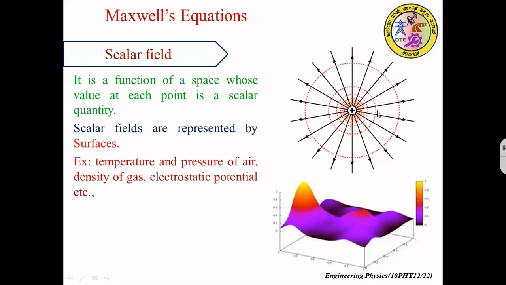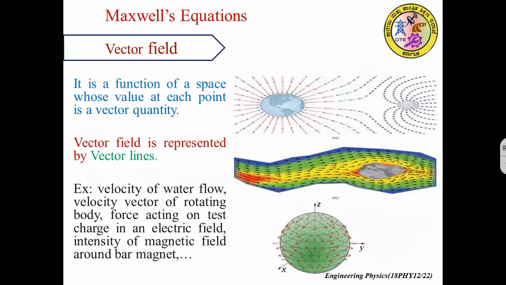Similarly, the variation of pressure or the variation in density can also be considered as an example for scalar fields. The scalar fields can be represented as surfaces also. You can see a diagram here in which field is represented in the form of a surface. We have another type of field called vector fields.